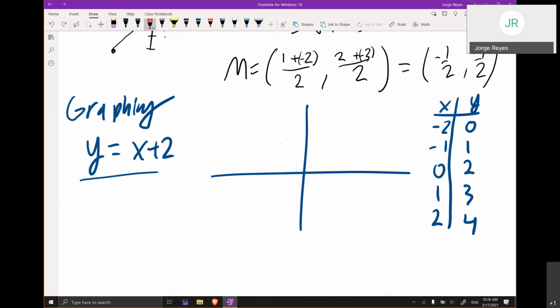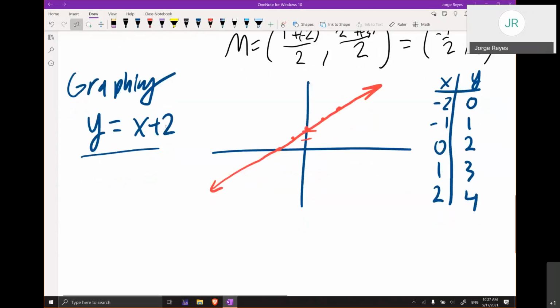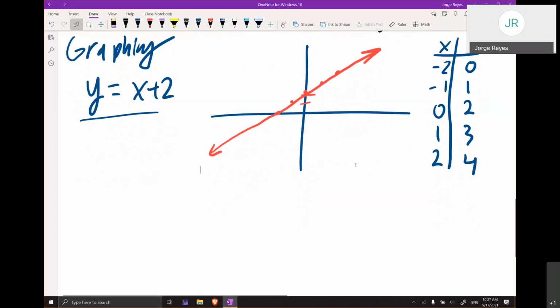If you plug all of those in and then trace it, you get the graph. So this is one way to always graph: you plug in a bunch of points and then connect them, which is fine for lines. Lines are nice and you can do that.